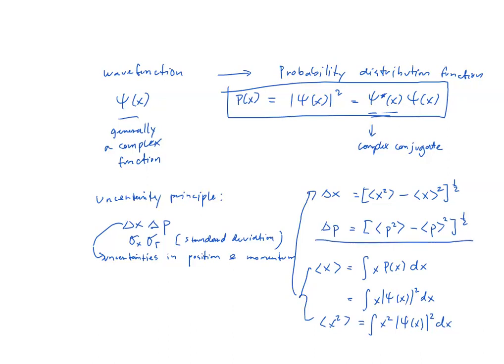Kaya lang, medyo tricky ito. Kasi tingnan nyo, ang ating wave function is given as a variable in x. Tama? Kaya lang, paano mo kukunin yung variable ng P?